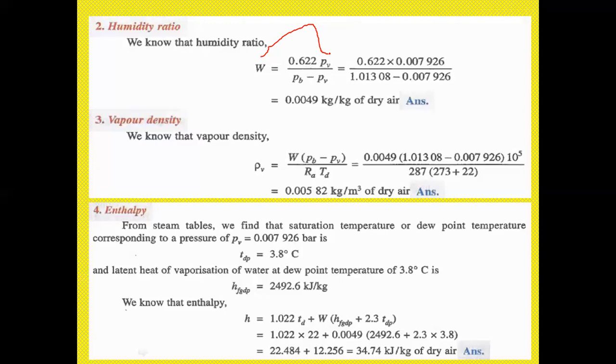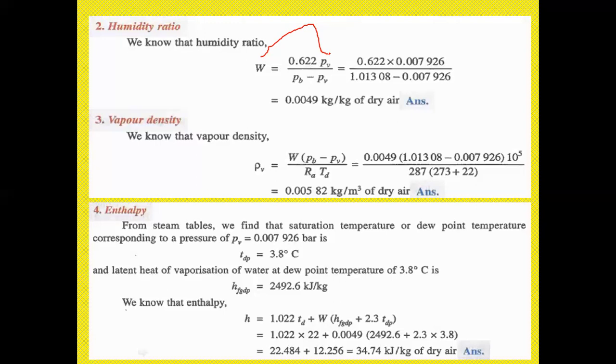TDP is equal to 3.8 degrees centigrade. And the latent heat of vaporization of water at the dew point temperature of 3.8 degrees centigrade, HFG at DP is equal to 24.926 kilojoules.